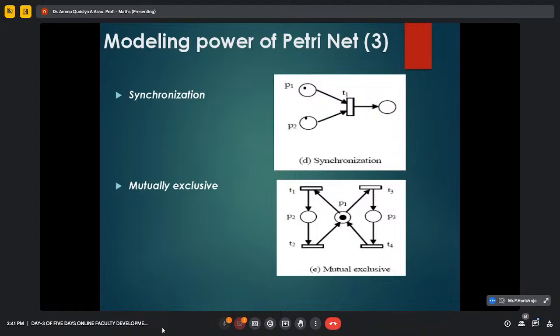That situation is called a mutually exclusive situation that can be modeled using our Petrinets. Here there is only one token, but so many transitions to be fired. Using the token, T1 can be fired and T3 can also be fired. If T1 is fired, T3 cannot be fired. Or if T3 is fired, T1 cannot be fired. So this is a mutually exclusive case. These cases also can be modeled using Petrinets.